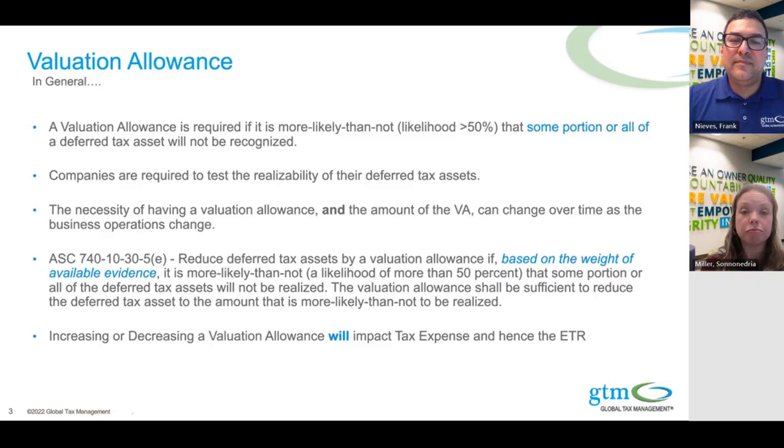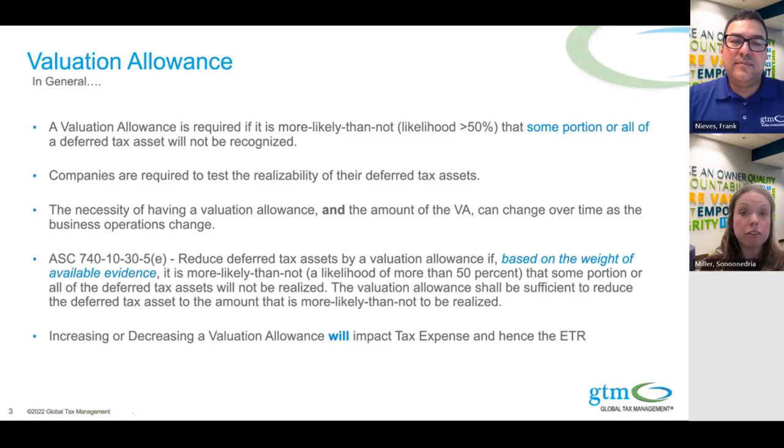An example of this would be if in year one, a company has a capital loss carry forward of $100,000 tax effected. And the company does not believe that they're going to have any capital gain going forward. They're thus not going to realize the benefit on this capital loss, so they're going to need a valuation allowance against it.